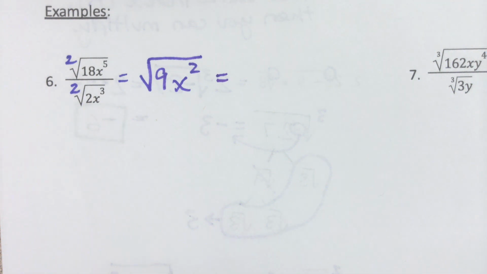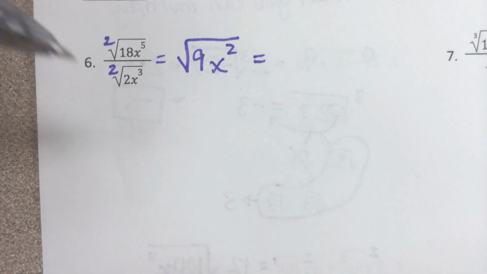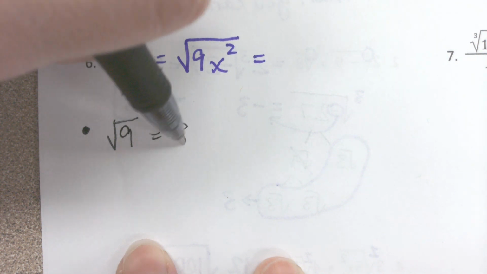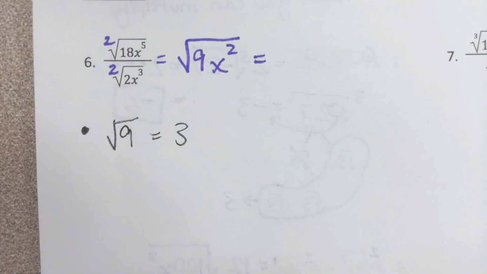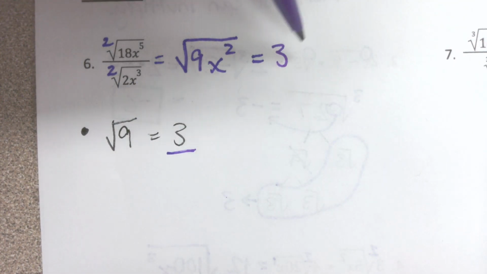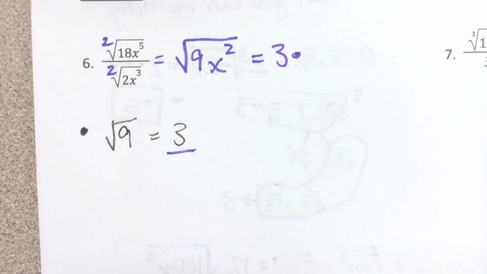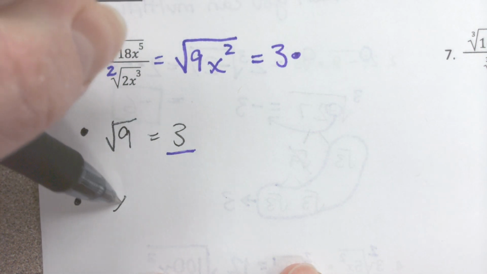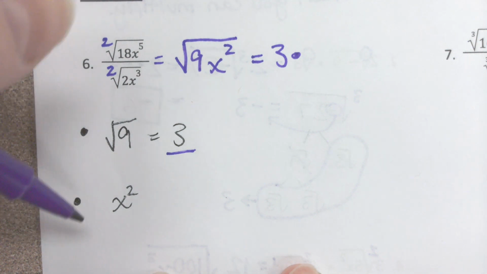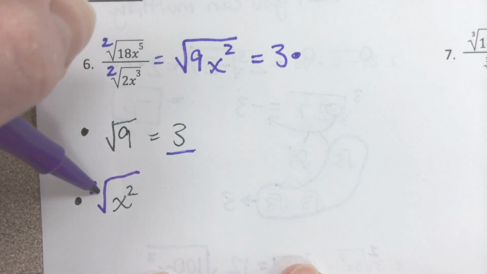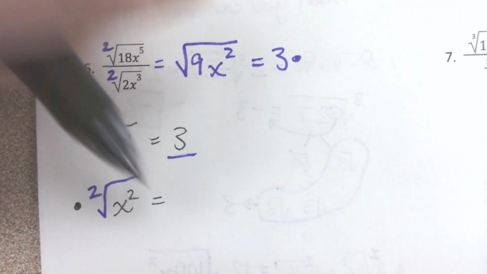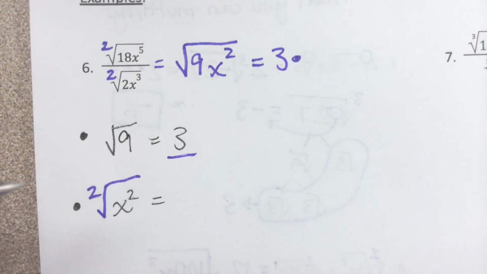Let's break this down one thing at a time, starting with the square root of 9. I hope you recognize that. That is 3. It's a perfect square. So this becomes 3 times, and then we'll repeat that with the x squared. X squared, again, this is a square root here. Since it's nice, I'll do the fraction exponent here.